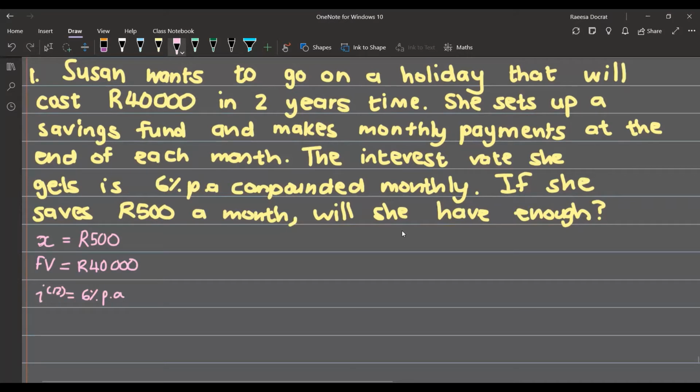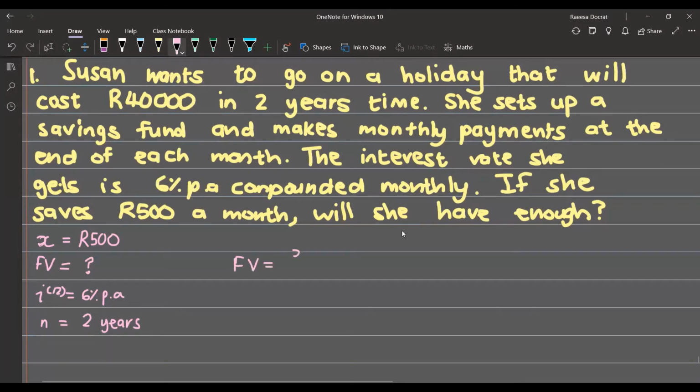Okay, so she wants 40,000, but we want to know, will that 500 get her to 40,000? And we know that the number of years she'll have to make payments for is 2. So that is the information we're going to put in our formula.